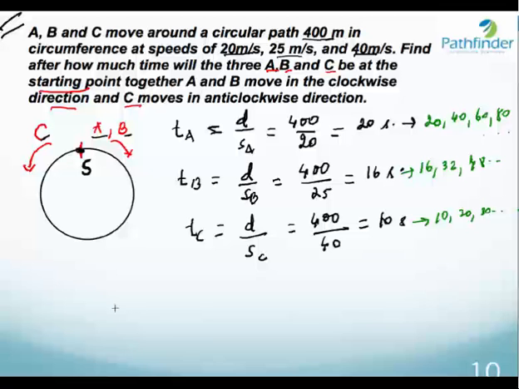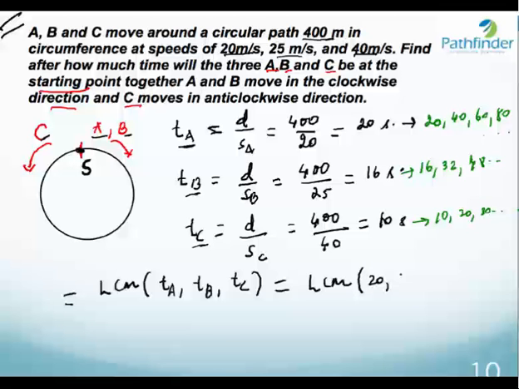So because they come back to the starting point after intervals which are multiples of their times required to travel one circumference, our required answer should be given by LCM of time required by A to travel one circumference, time required by B to travel one circumference, and time required by C to travel one circumference, which is equal to LCM of 20, 16 and 10.